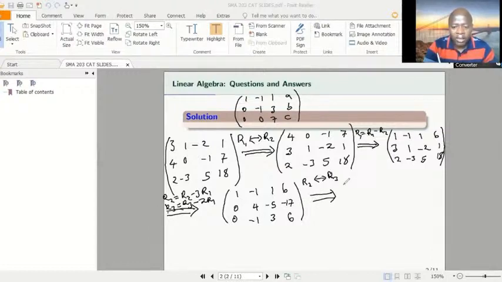So when I interchange row 2 and row 3, row 1 remains the way it is. Row 2 now becomes 0, -1, 3, 6. And row 3 becomes 0, 4, -5, -17.